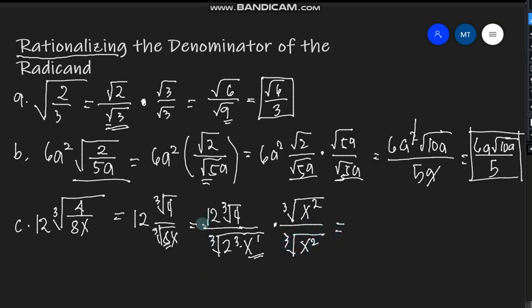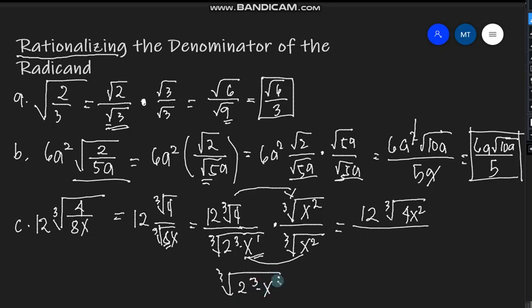Okay? So, multiplying that, you now have 12 cube root of 4x squared all over, so if you multiply this now, you will have cube root of 2 cubed x cubed. Wherein you will see that the cube root can now be removed. What is left there is 2x.